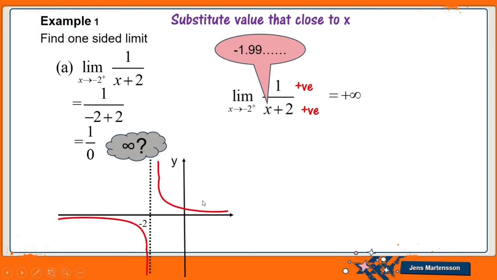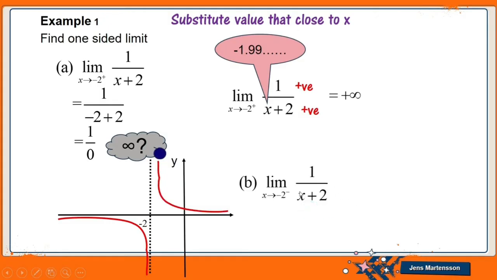For this question, when we look at the graph, we can see that when x approaches negative 2 from the right, the graph approaches positive infinity.